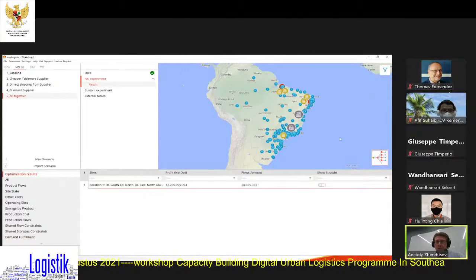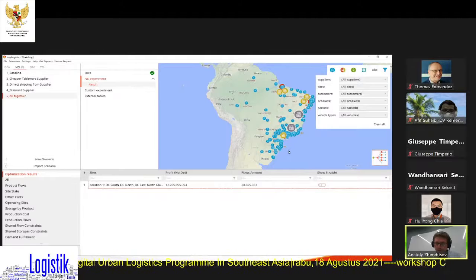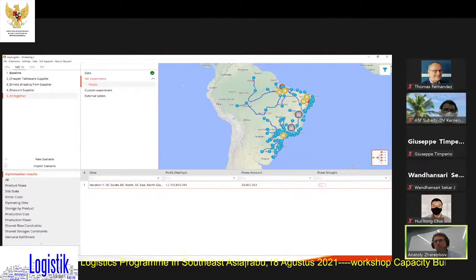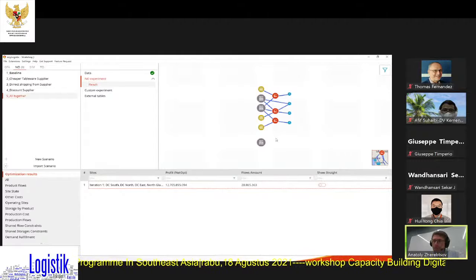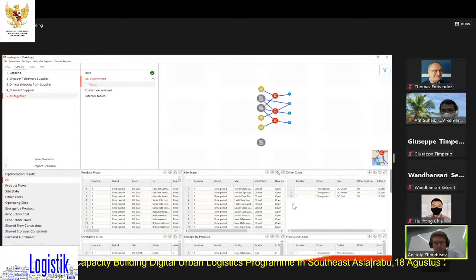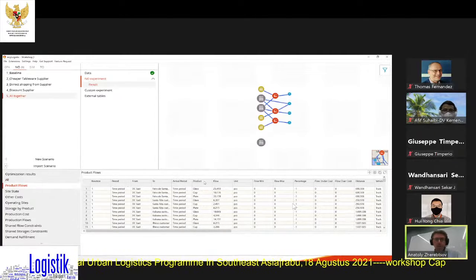So when you get a result, first of all, you can see the structure of your supply chain, both on the map and in a structure view, which sometimes gives better insight into what happens. And you also get all available numbers from the solution. These are actually product flows.